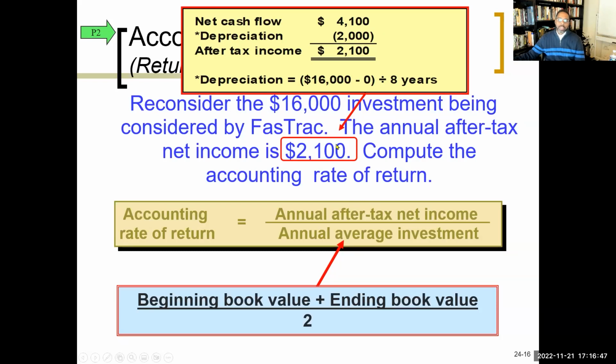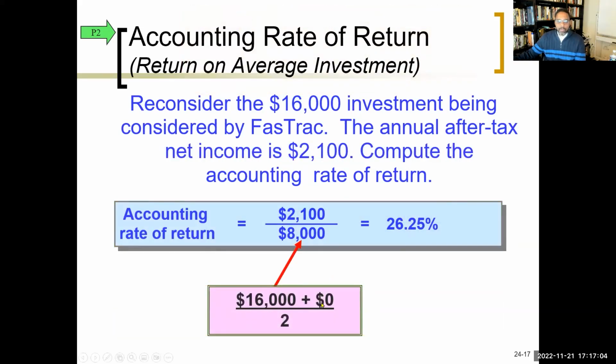So we're going to take the 2,100, which is the after-tax net income, divided by 16,000 plus zero, divided by 2, which is where you're going to get the 8,000 from. So 2,100 divided by 8,000 will give you 26.25%. And that's the accounting rate of return. That's the rate of return that we believe we receive every year from this project, right?